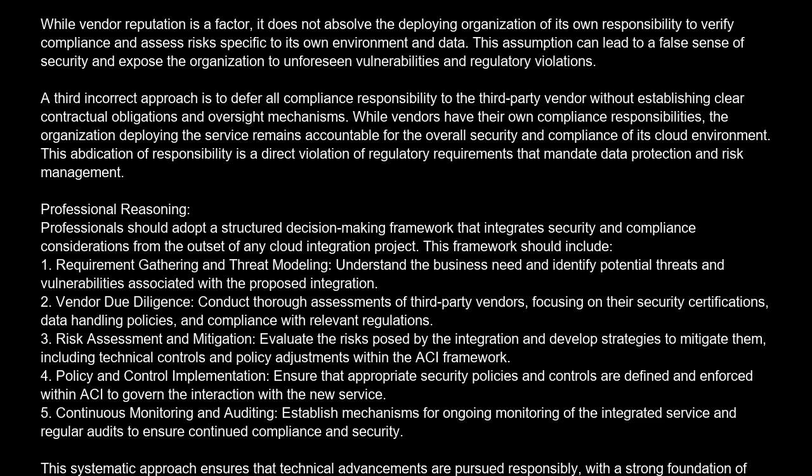Policy and control implementation. Ensure that appropriate security policies and controls are defined and enforced within ACI to govern the interaction with the new service. 5. Continuous monitoring and auditing. Establish mechanisms for ongoing monitoring of the integrated service and regular audits to ensure continued compliance and security. This systematic approach ensures that technical advancements are pursued responsibly, with a strong foundation of security and regulatory adherence.